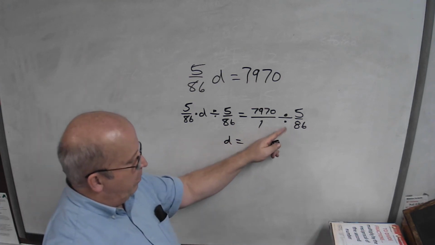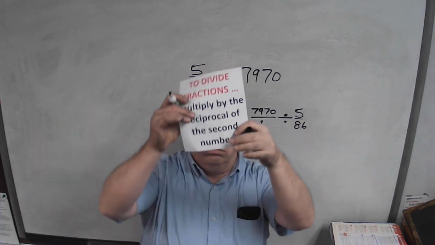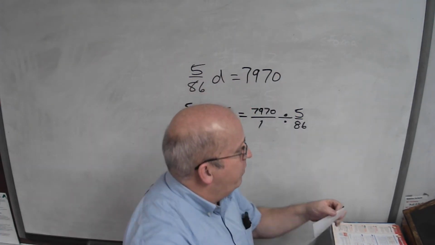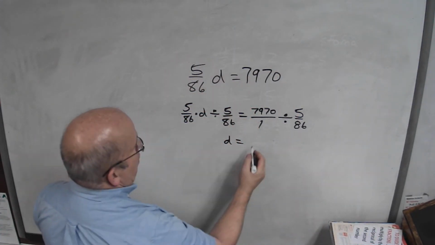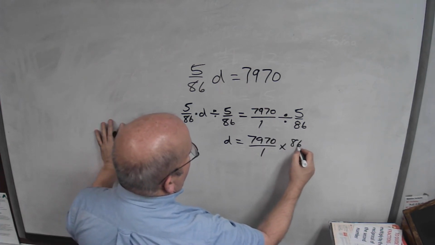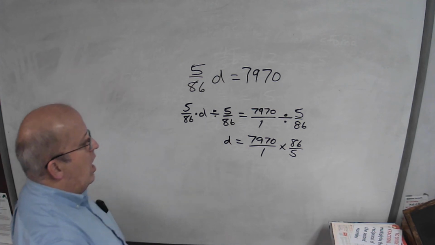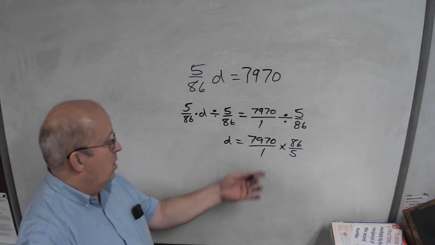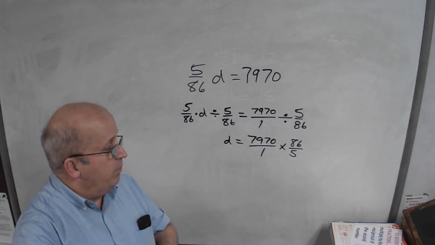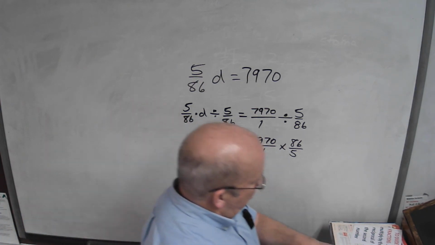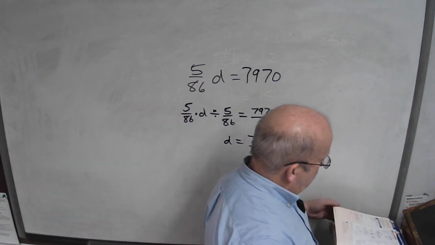Over here, do you remember how to divide? To divide, we multiply by the reciprocal of the second number. So that gives us this over 1 times 86 over 5. How would you do that? Well, you can multiply and simplify, or you can simplify these two fractions first, but you at least got to start on it for number 44.